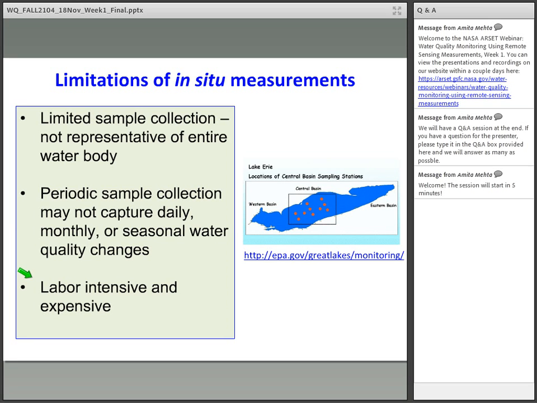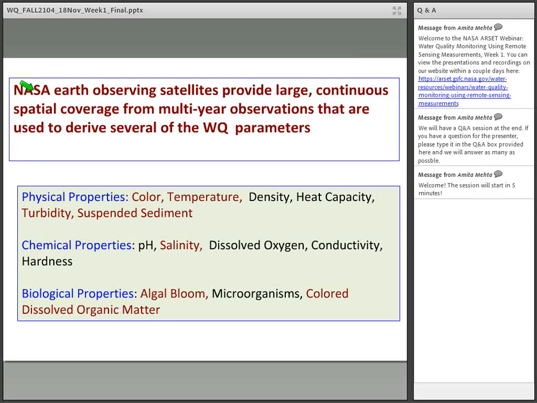Water samples have to be collected and analyzed, and it is expensive as well. Even at the end, samples are limited. These are some of the limitations of in situ measurements. That is not to say they are not extremely important, because they are always used along with satellite measurements.